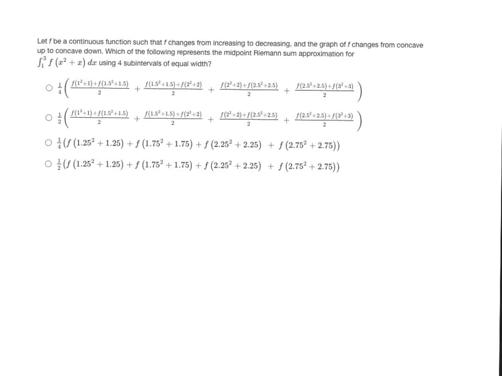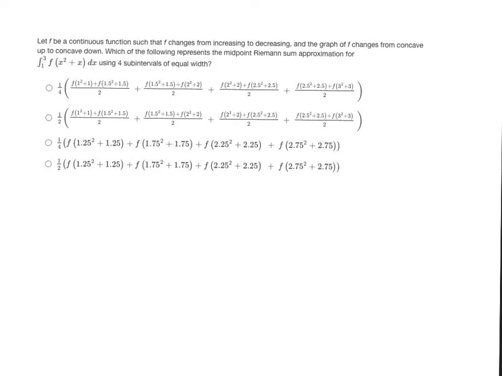Similar type question here, identifying which of these correctly represents, this time, the midpoint approximation. So once again, I want to think about, are my widths correct and are my heights correct?